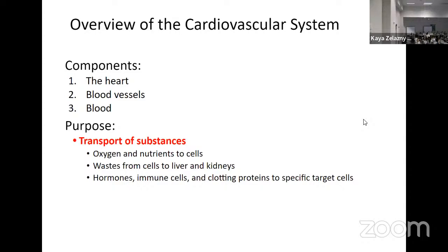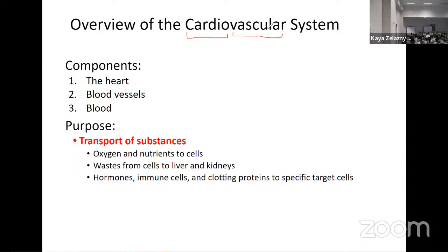So when we're thinking about the cardiovascular system, we are going to be splitting it up in this class. Cardio is the heart part. Vascular is all of our blood vessels. Then we also think about the blood, right? So the blood is in the heart, in the cardio part, and in the blood vessels, in that vascular part. That blood is transporting oxygen and nutrients.